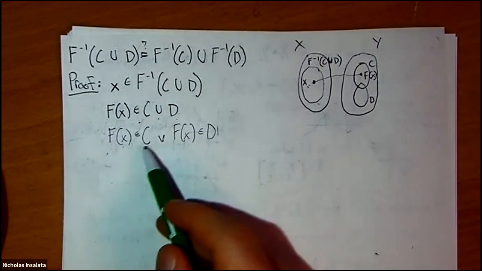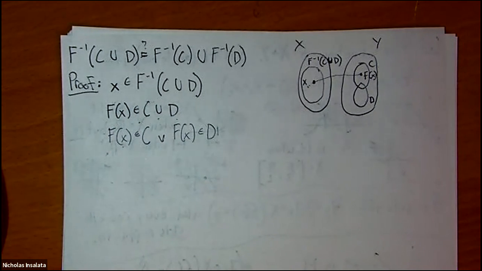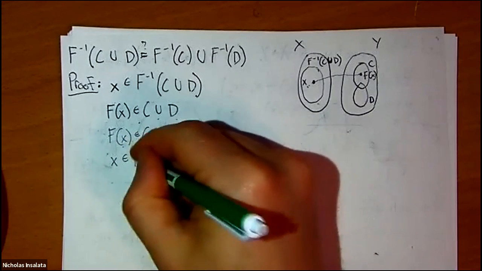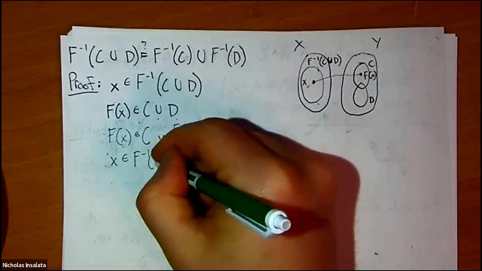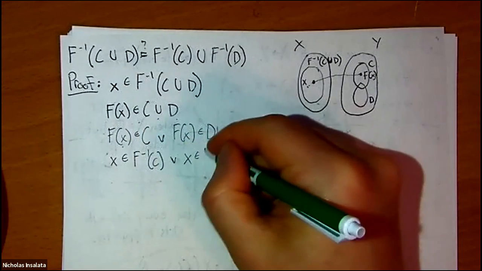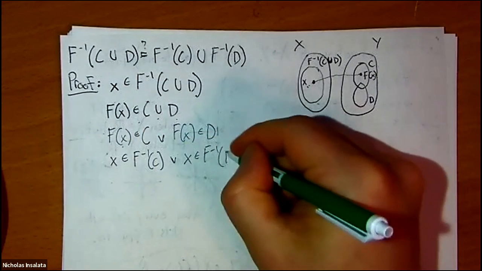And if f of x is in C, what can I say next? Good. Then x is an element of f inverse of C, or x is an element of f inverse of D.